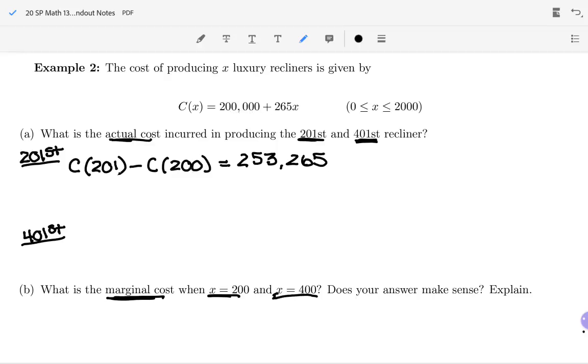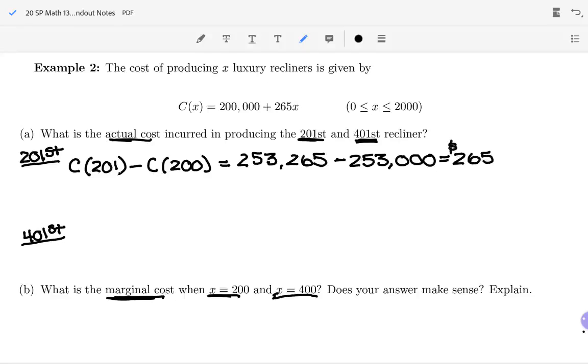So plugging into the same formula, 200,000 plus 265 times 200, and what I'm getting here is just $253,000 even. So for all 201, it cost $253,265, and then for all 200, it was just $253,000 even. So this difference, it cost them an additional $265 to produce that one extra recliner, that 201st recliner.